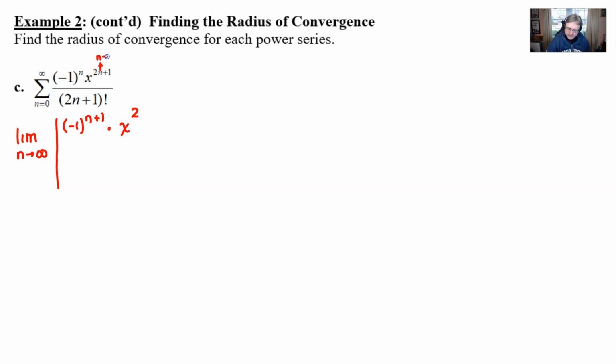Just do it carefully. If that n becomes an n plus 1, we must distribute the 2 to get 2n plus 2, at which point we can add the stray 1 at the end to get 2n plus 3. The denominator here is going to consist of, again, 2n plus 3, but this time with a factorial.